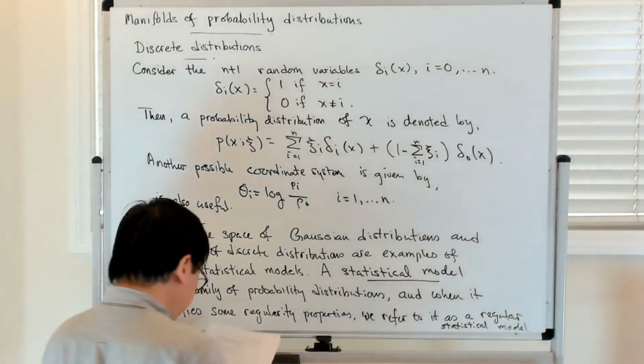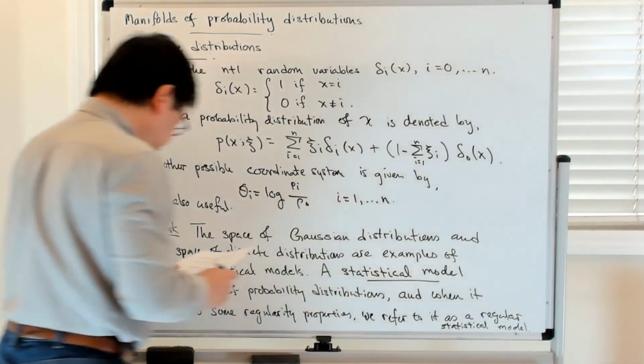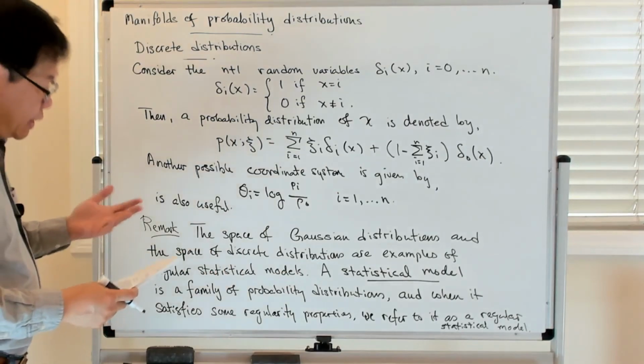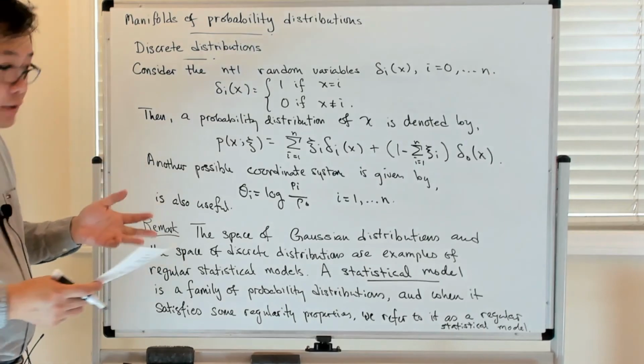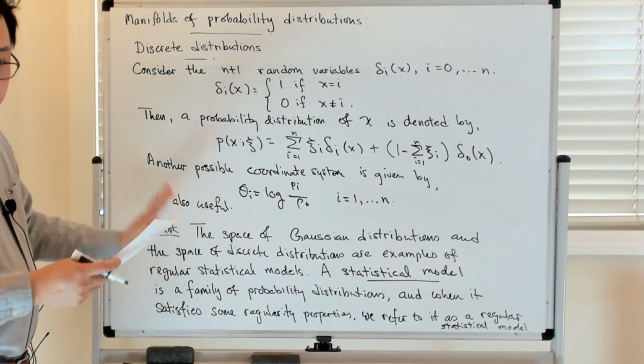Okay, and so information geometry then arises from the study of invariant geometric structures associated with regular statistical models.